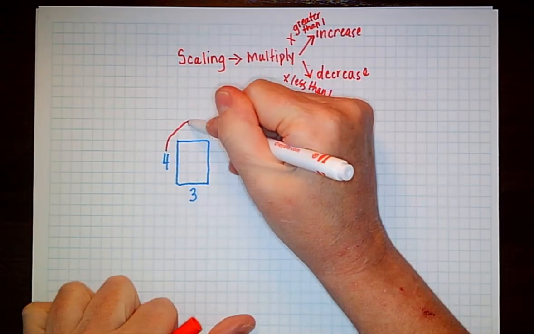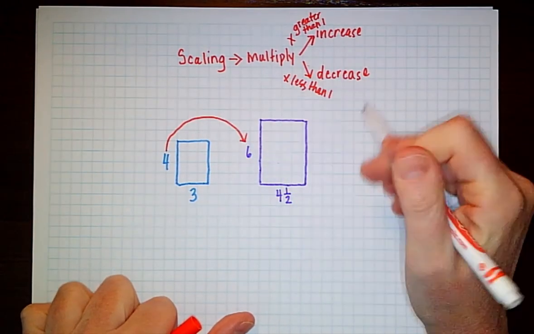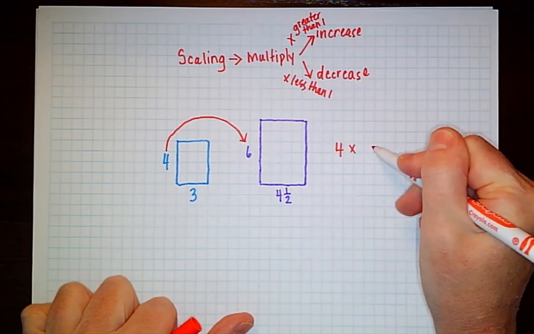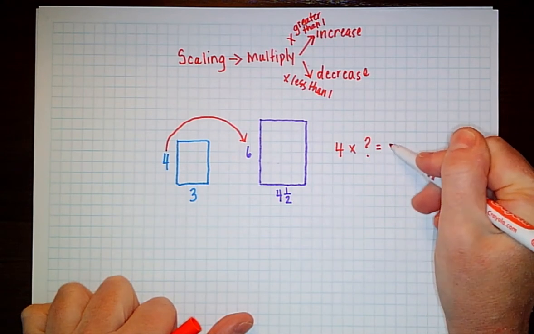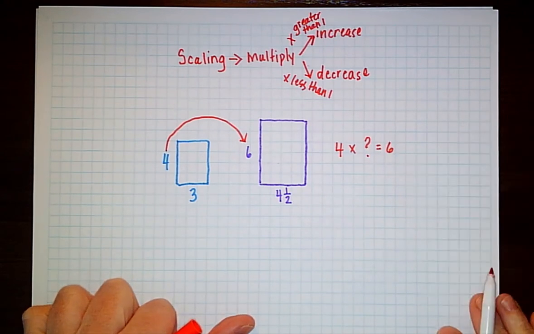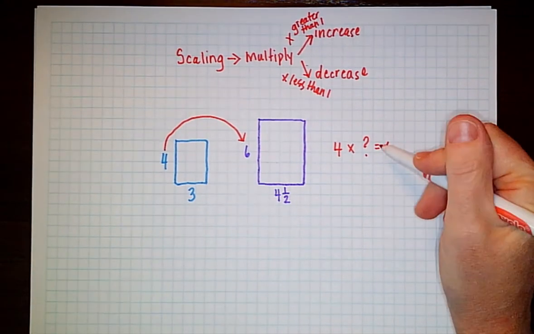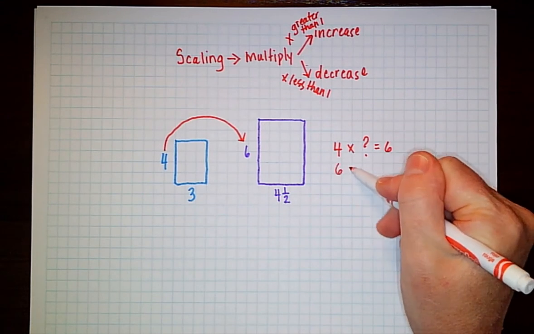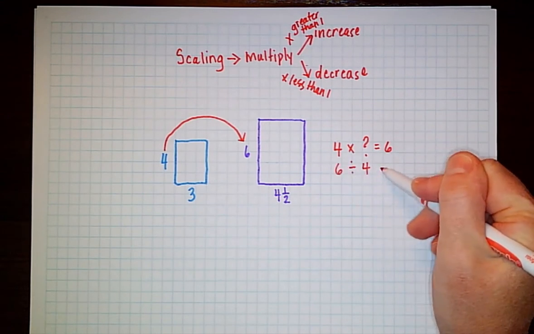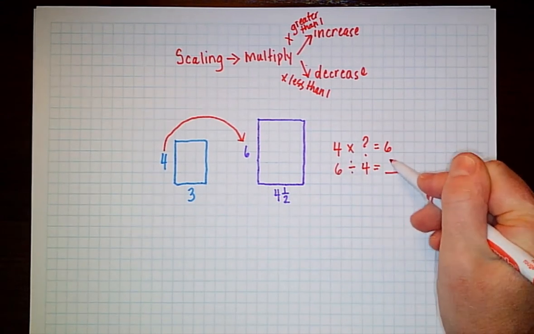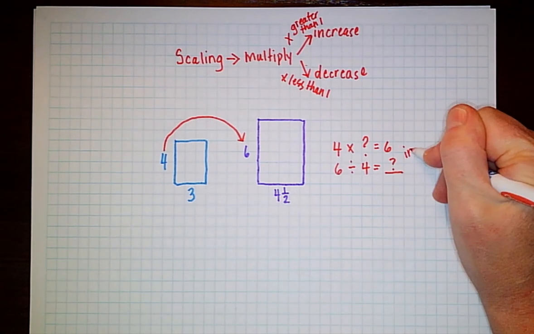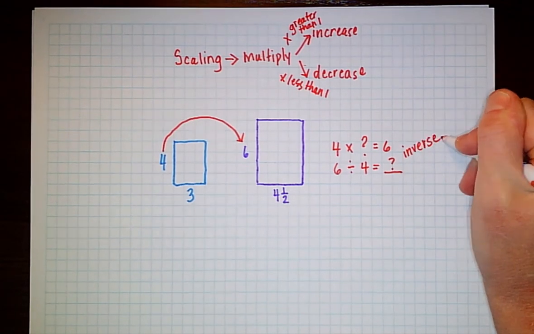So I'm going from 4 to 6. So 4 times something is equal to 6. One way we can do this is 6 divided by 4 is equal to something. We can do the inverse to help us figure out what the scale factor is.